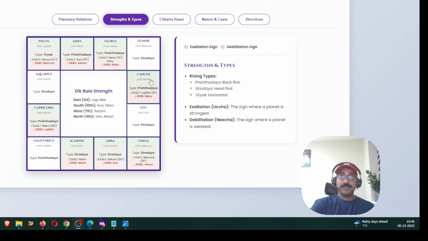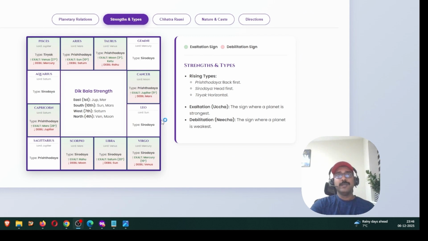When I say 7th, if you consider Cancer as the first, 1, 2, 3, 4, 5, 6, 7, this is the 7th. It's the direct opposite of this sign, which is what exaltation and debilitation mean. Aquarius is a head first Rashi, and the Lord is Saturn. And Pisces is a horizontal Rashi and exaltation for Venus.